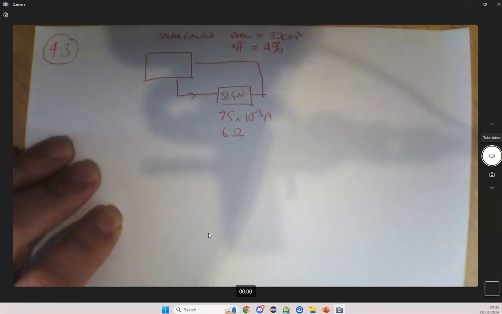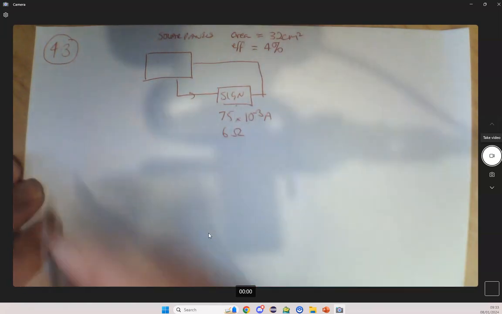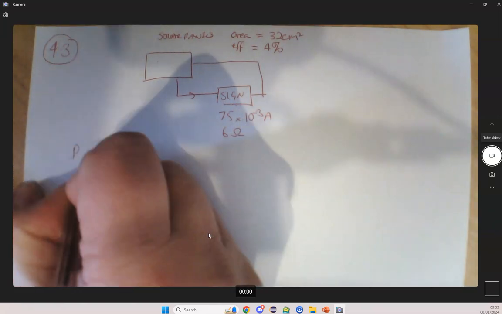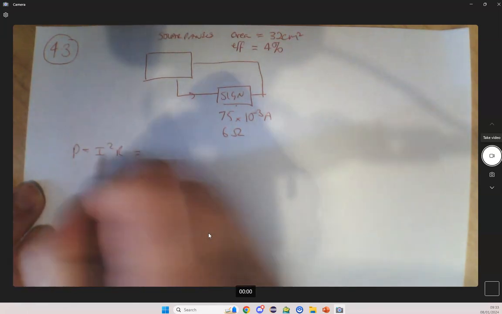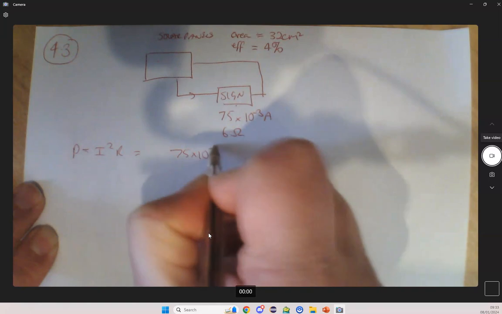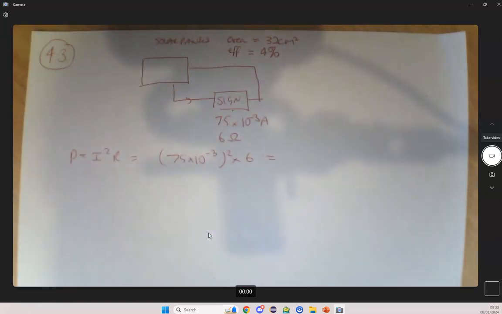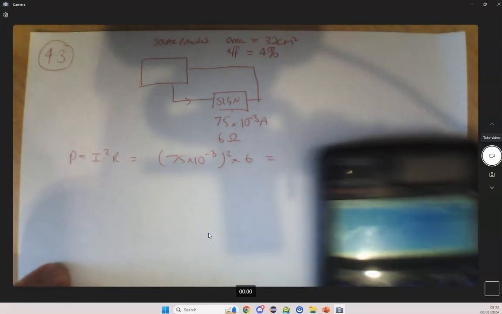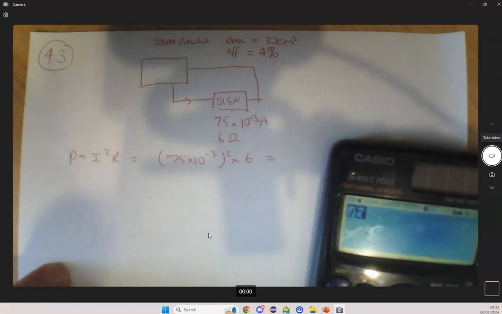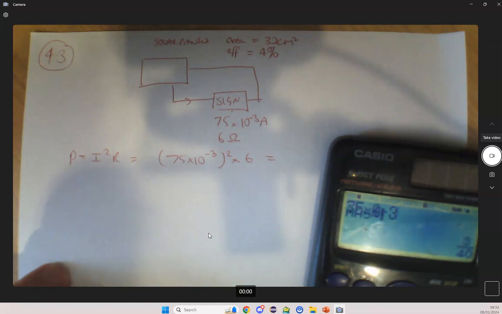Alright, so starting off then, let's figure out what power this sign actually needs to operate. So we're going to use power equals I squared R. So I've got 75 times 10 to the minus 3 squared times 6, which means this sign itself needs electrical power supplied. 75 times 10 to the minus 3, I'm going to square that, and then times it by 6.